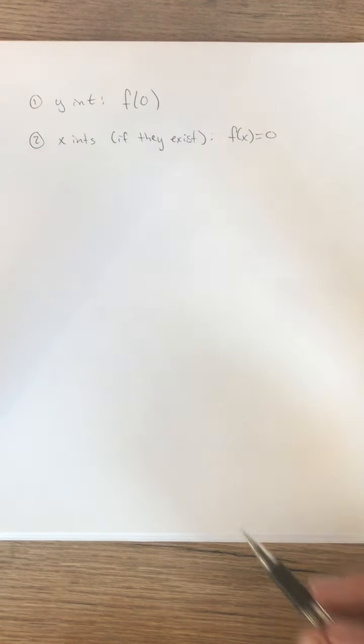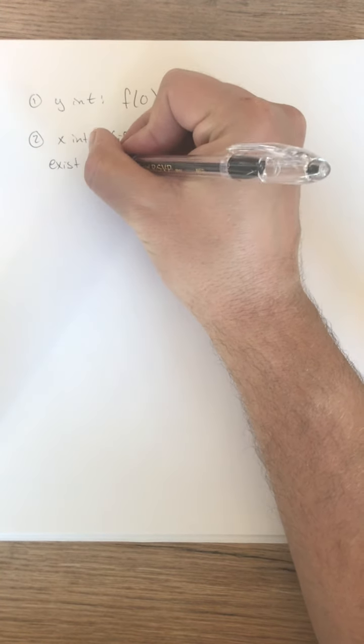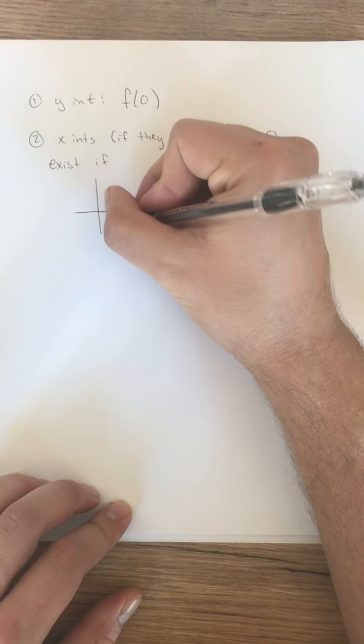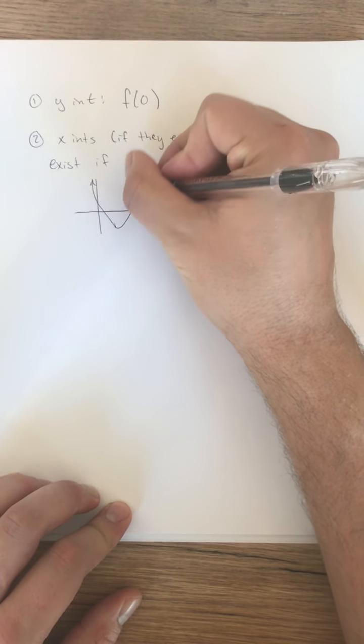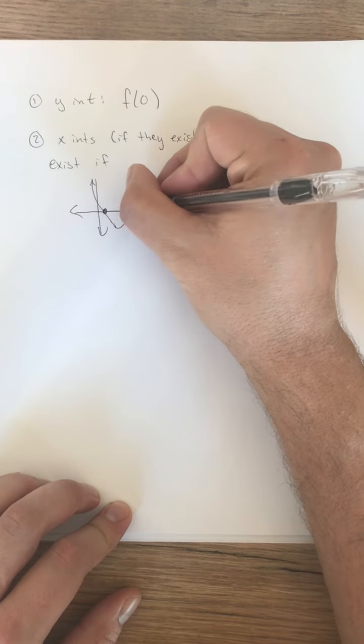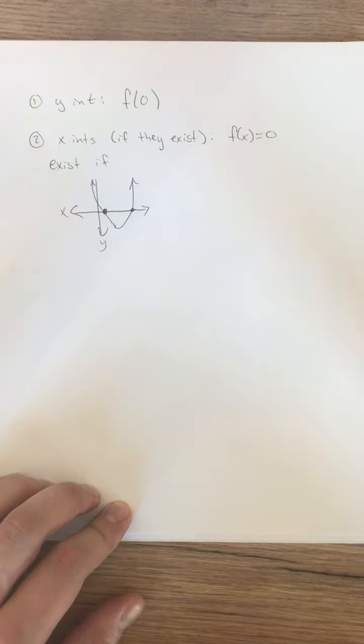That's the same thing as saying replace y with 0. And x-intercepts will exist for a quadratic function.